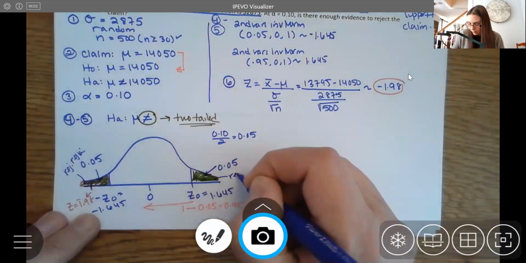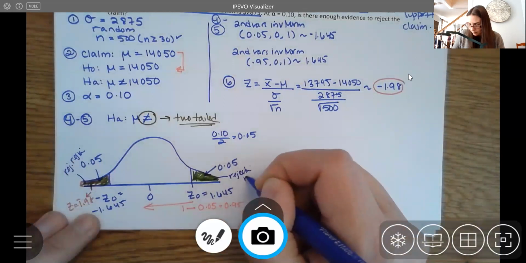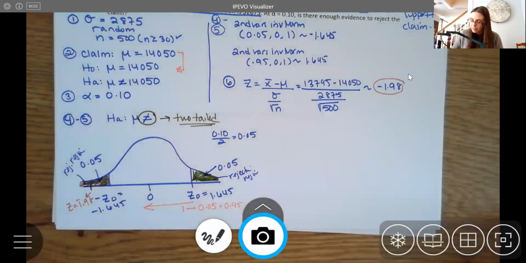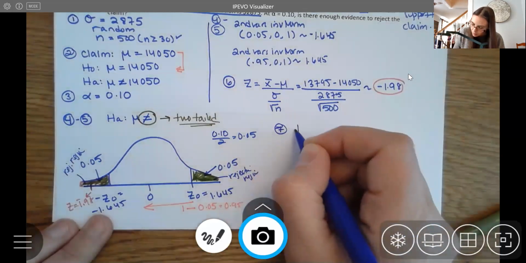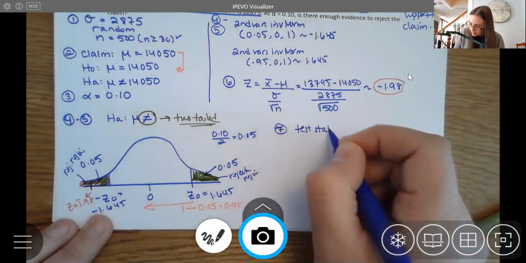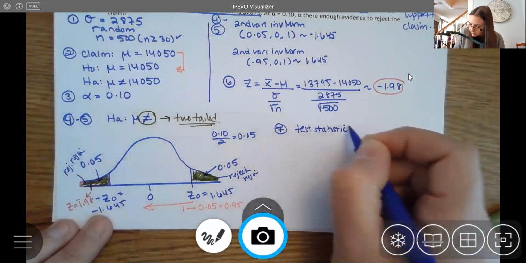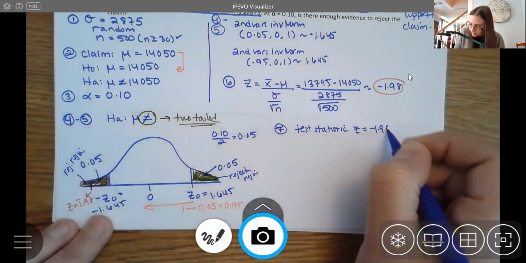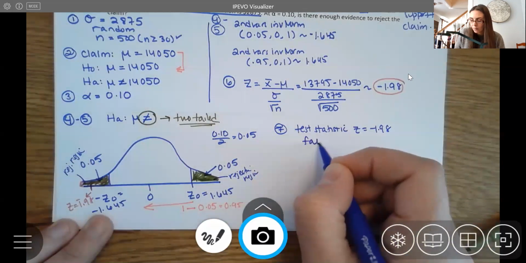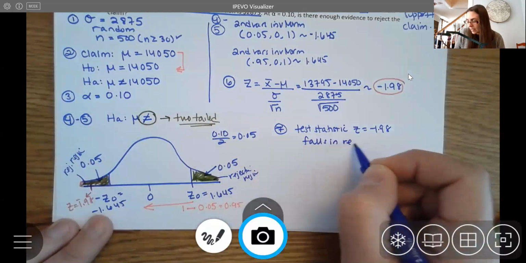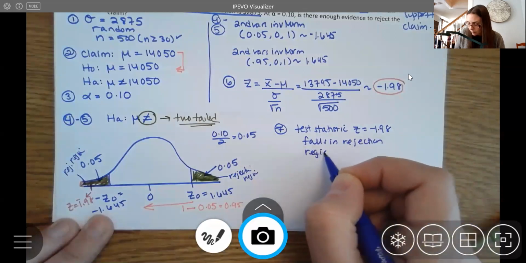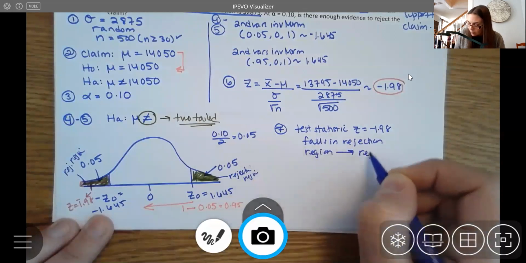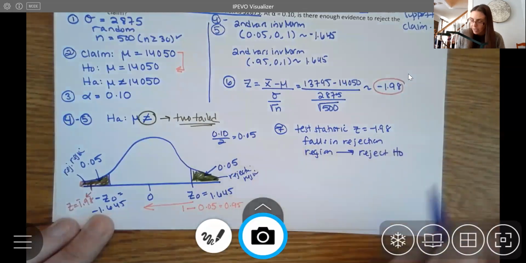This one is too. So in this case, our test statistic falls in the rejection region. So we reject the null hypothesis.